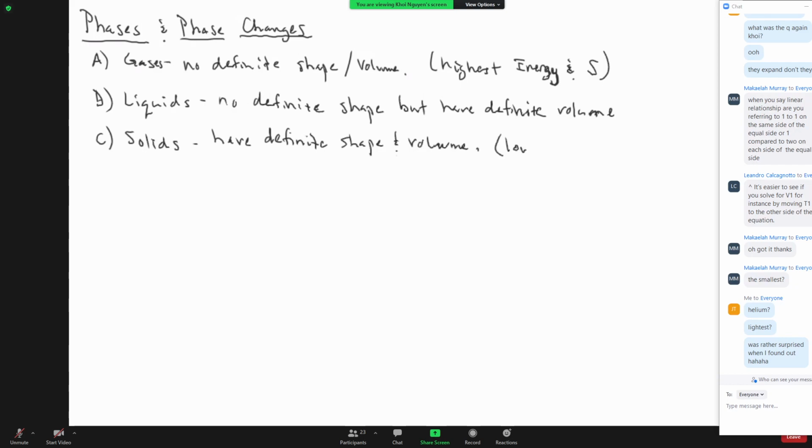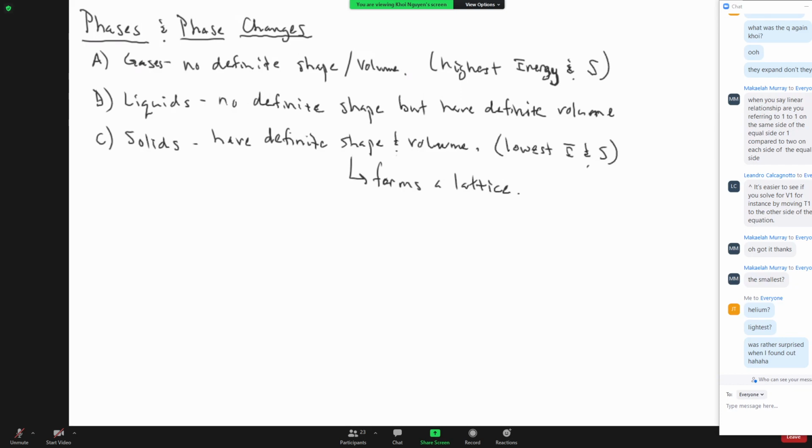So solids have the lowest energy and entropy in the system. The reason being, having that definite shape is because it forms a lattice, right? And we see that when we were looking at the solid state structures of things from what we talked about last week and Rutherford's experiments, right? Having that nice structure to create that lattice structure, okay?